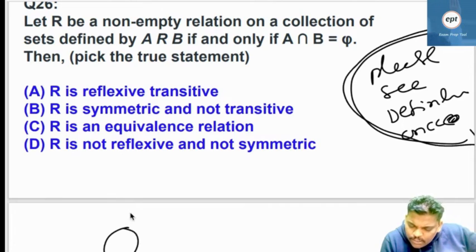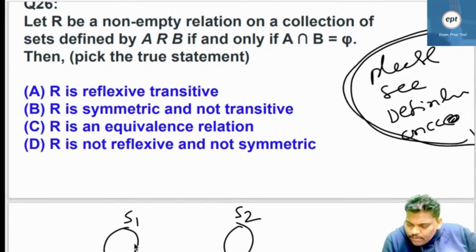It is the set S1. It is the set S2. A relation from S1 to S2 is there. Listen. If the S1 set contains elements A, B, and the S2 set contains elements C, D, and the intersection is the empty set, then there is a relation.